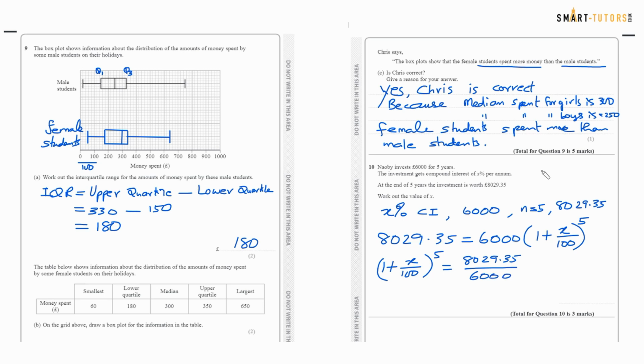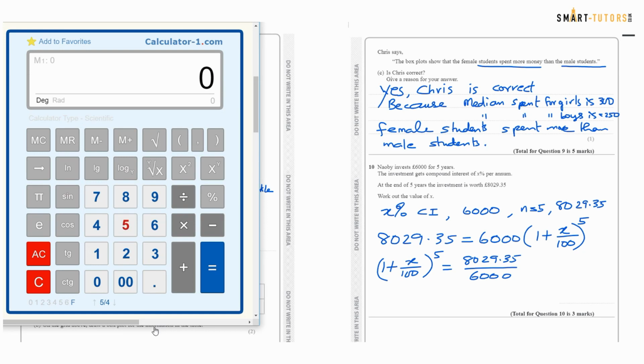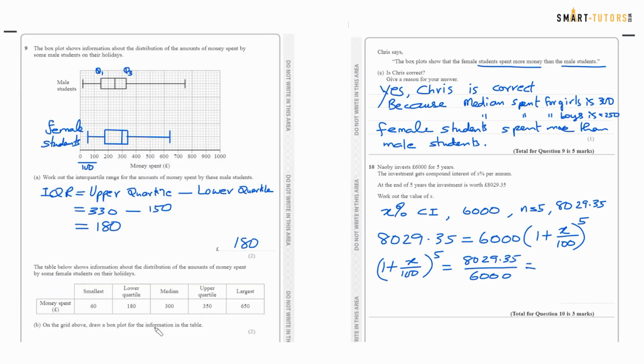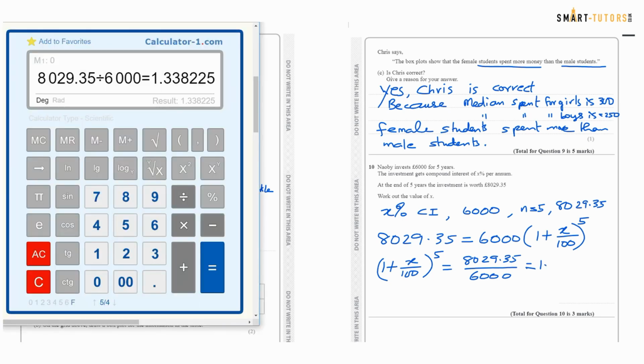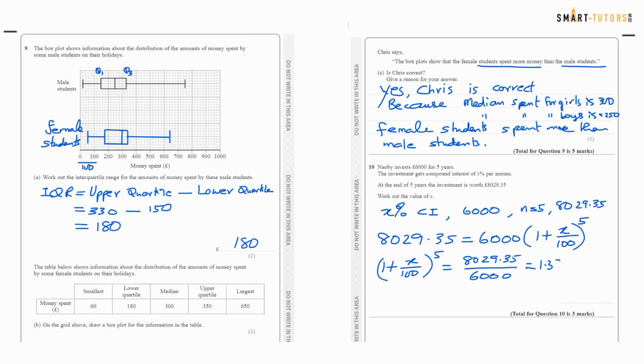In order to get 1 plus x over 100, I'm going to take the fifth root of the answer. In your calculator, you have a button for this. So I'm going to do the fifth root, bracket close. You may not see the same as in your calculator, so your answer may be different. So this is 1.0599 something.